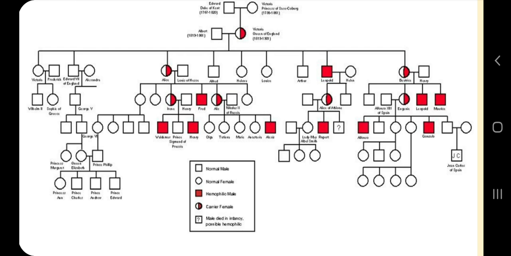So here you can see many generations, and what is interesting here is that we can observe only males are affected with hemophilia. Why? Because as I have mentioned in my previous video also, the inheritance of X chromosome is very interesting, because we males get our X chromosome from mother only. No father gives its X chromosome to any son.